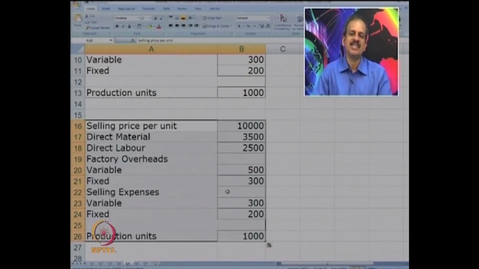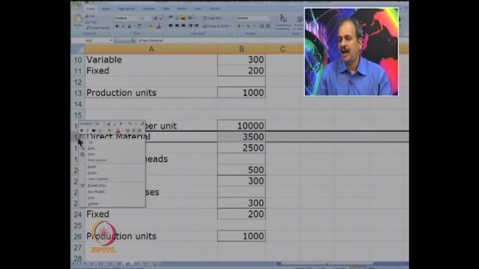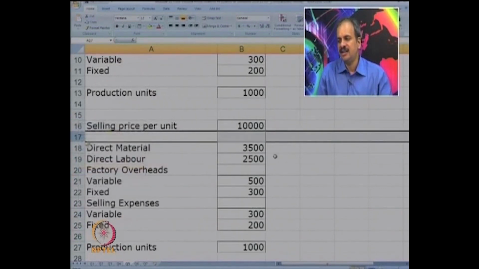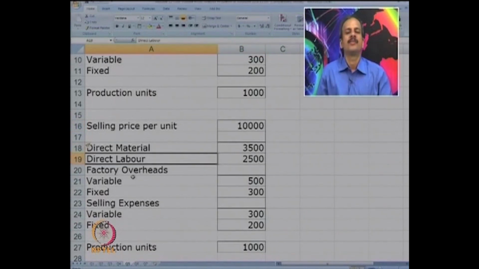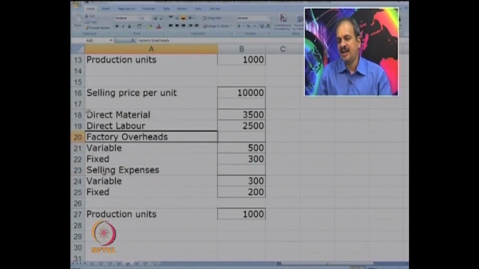Yes, you are right. First, we will try to calculate the total variable cost and then subtract it from selling price. Now, the current selling price is 10,000. Direct material and labor are both variable, but the factory overheads has both the components, fixed and variable.